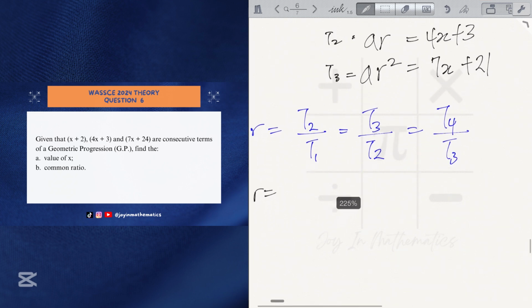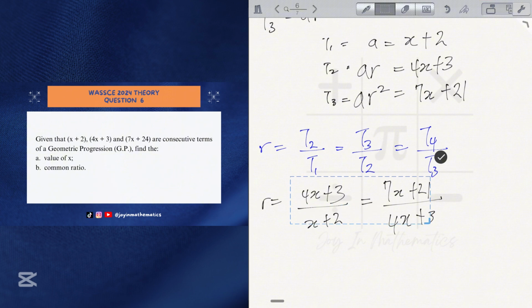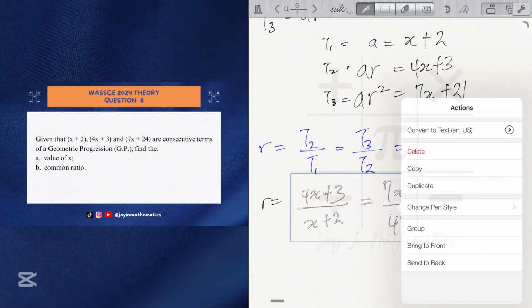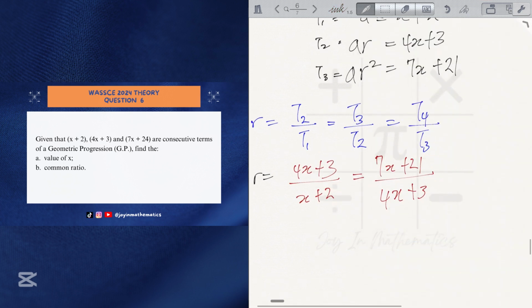And it is also equal to the third term, 7x plus 24, divided by the second term, which is 4x plus 3. Now we don't have a fourth term, so we can use these two expressions. Let's change the pen style to red. Now we can use this to find the value of x.